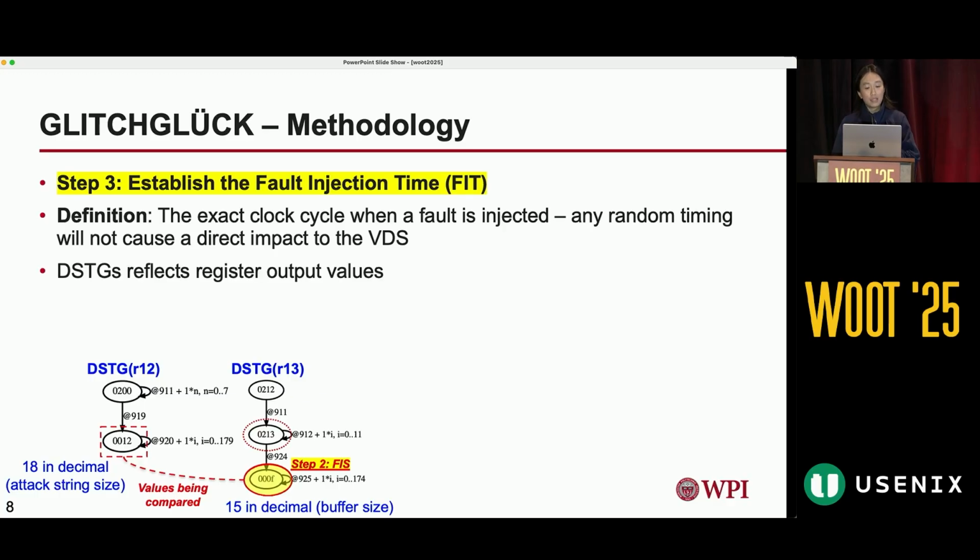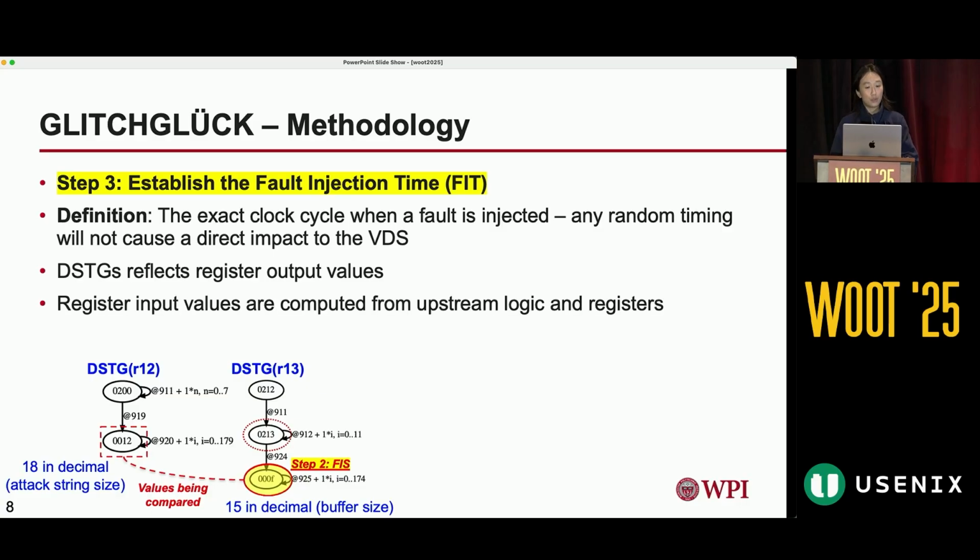As in previous slides, we know that the DSTG reflects the register output values, and based on hardware knowledge, register input values, which are before the clock edge, are computed from the upstream logic and previous registers. Therefore, because we want to fault this transition, the key idea is that the input value loaded into the FIS must be faulted.